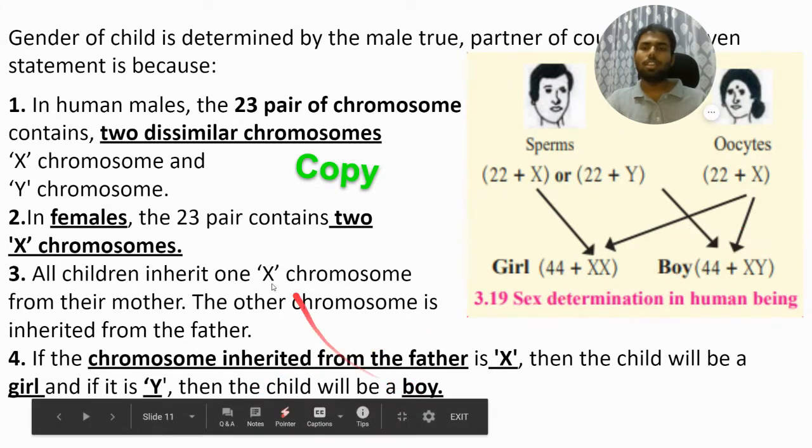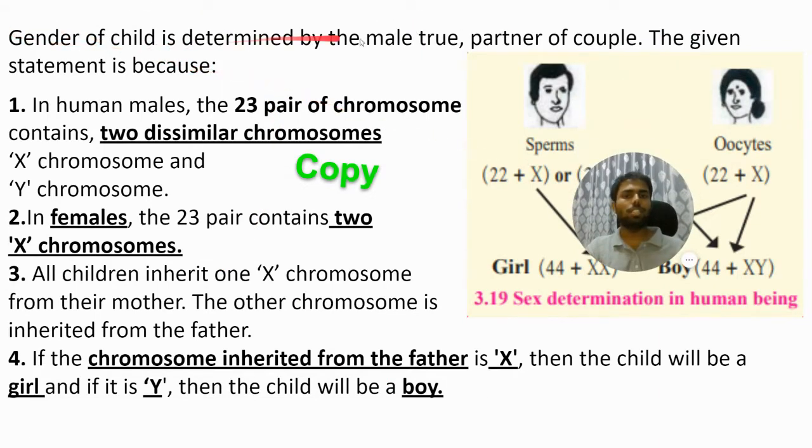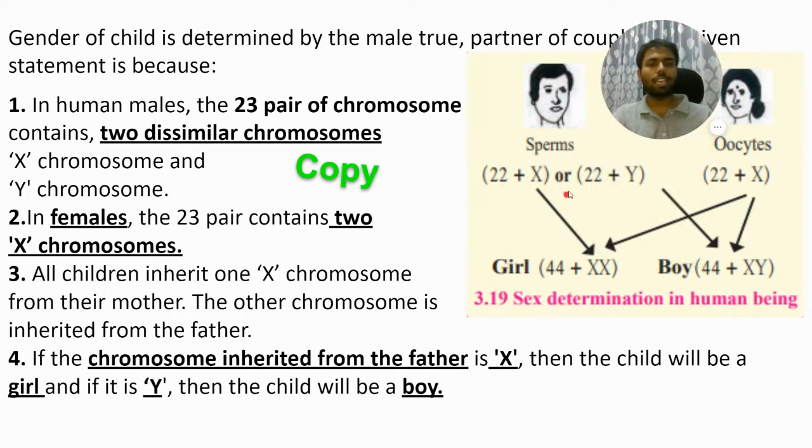So that's why this statement is true: the gender of a child is determined by the male partner. Males have one X and one Y, so if X takes part in fertilization it will be a girl, and if Y takes part it will be a boy. So that's your answer to that question.